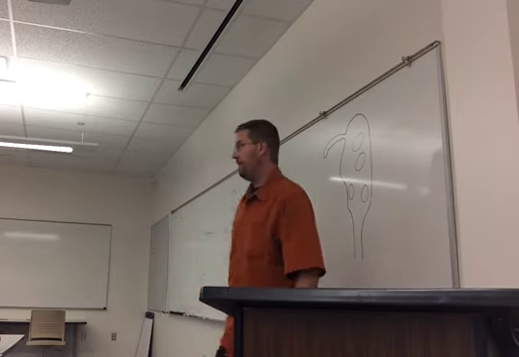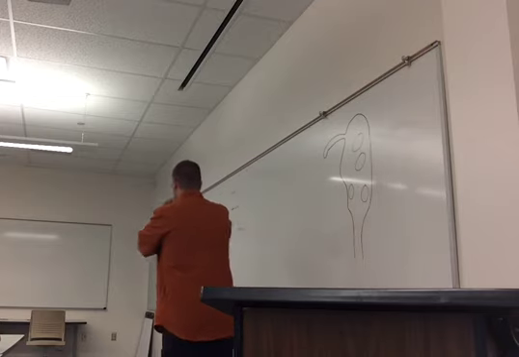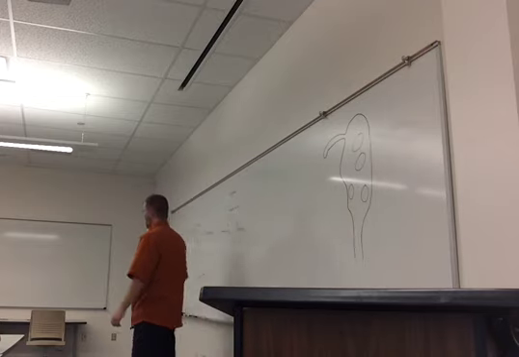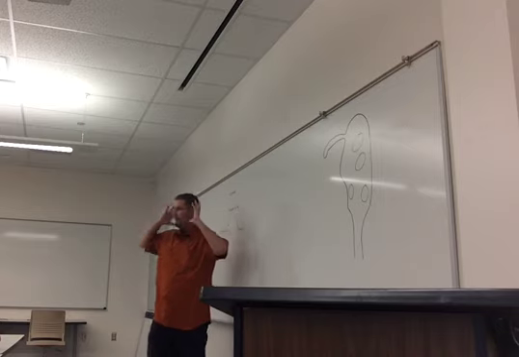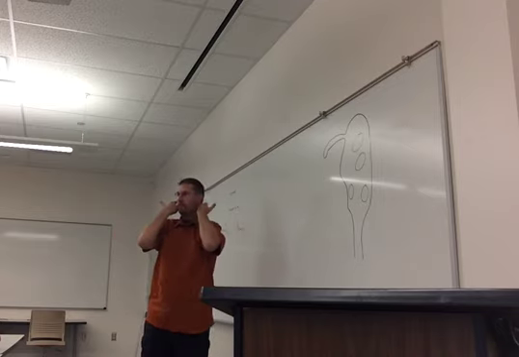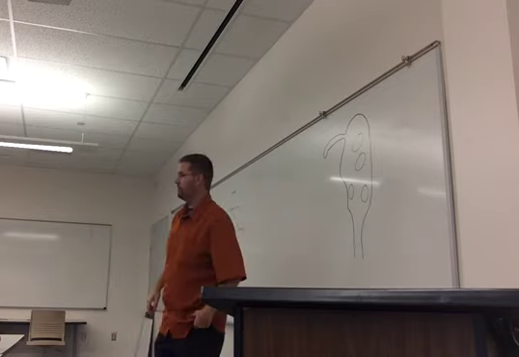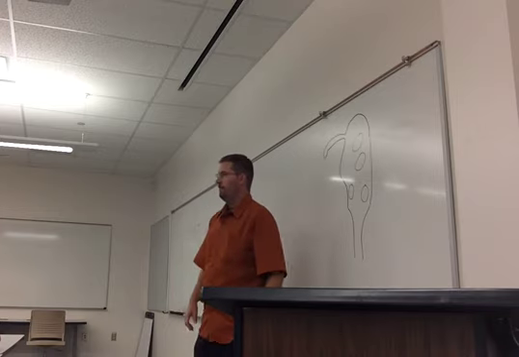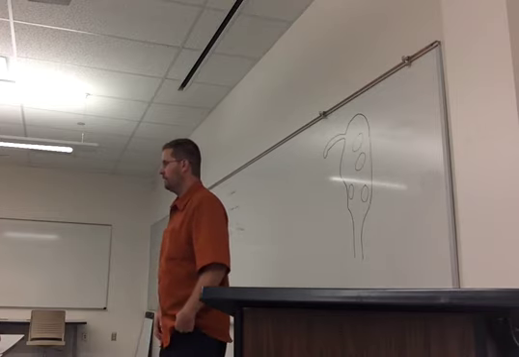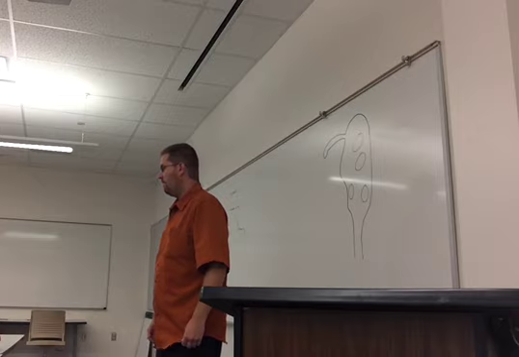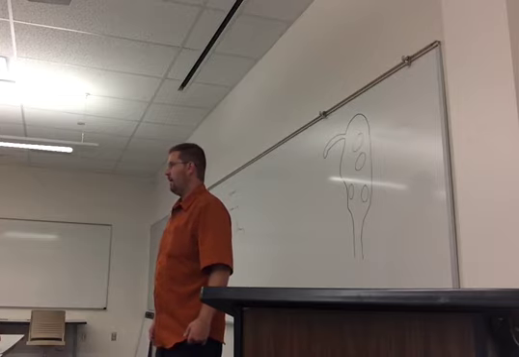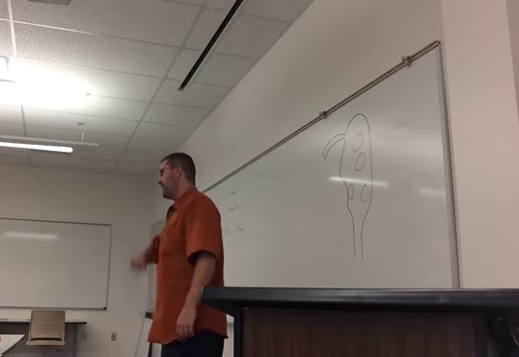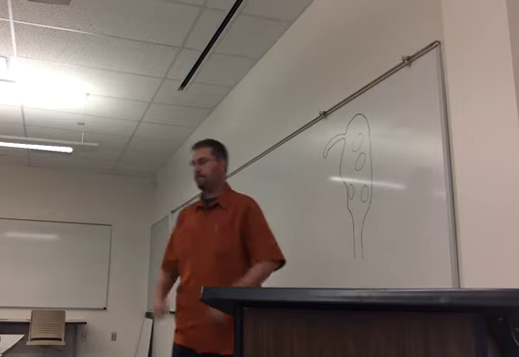Everybody's cool with that? All right, the air then goes back into the nose, into the first cavity, if you will. What is that first cavity, posterior to the nose, called? Pharynx. There you go, the nasal pharynx.